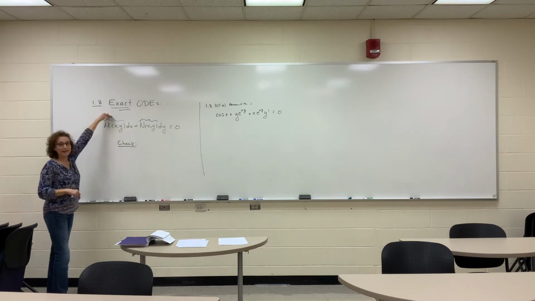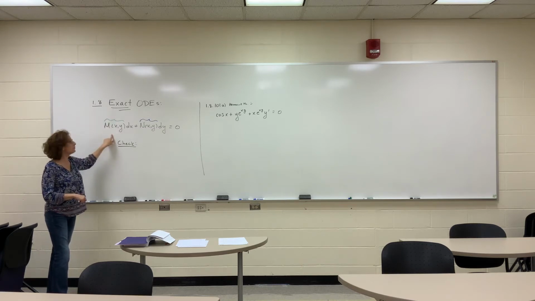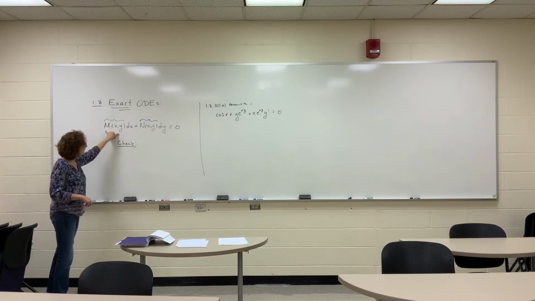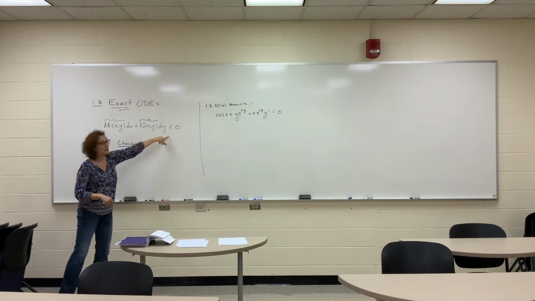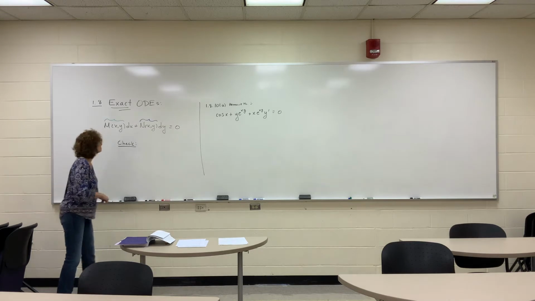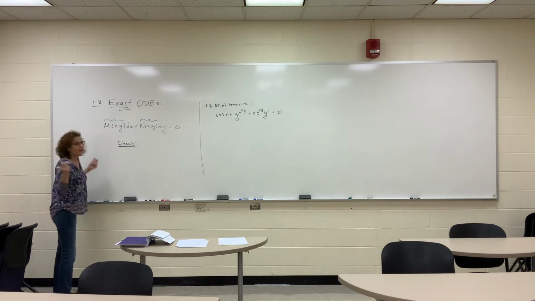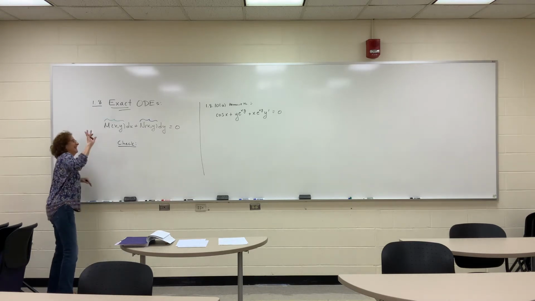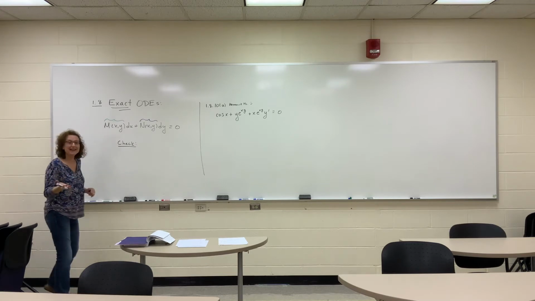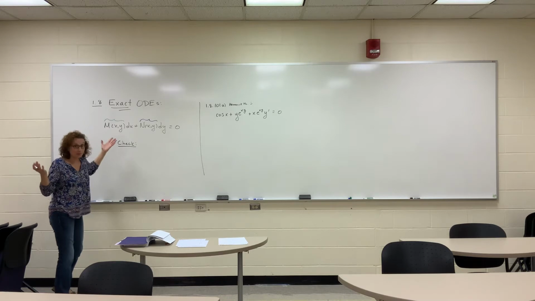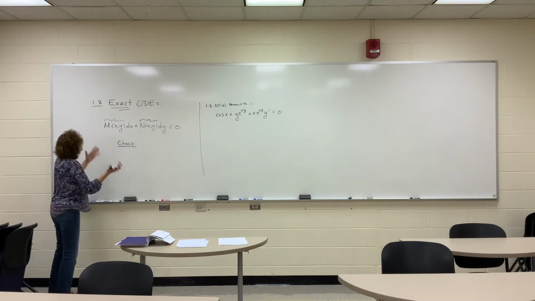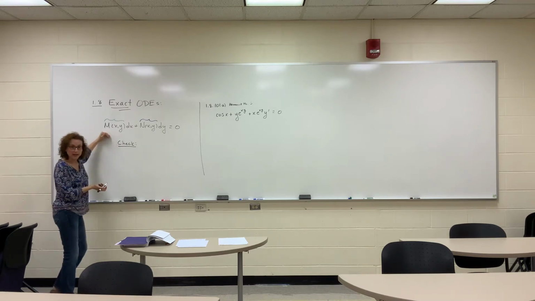So with an exact differential equation, what is the idea? You write it in this differential form: some function of x and y times dx plus some other function of x and y times dy is equal to 0. What do you check? You could try to memorize and make a mistake, or you can just remember where it all came from.